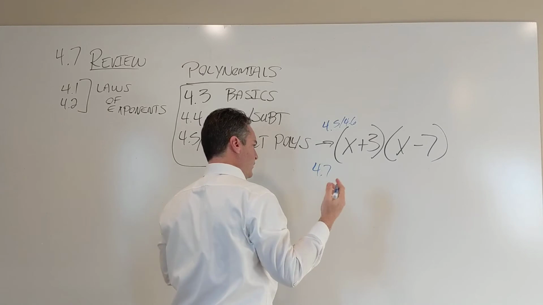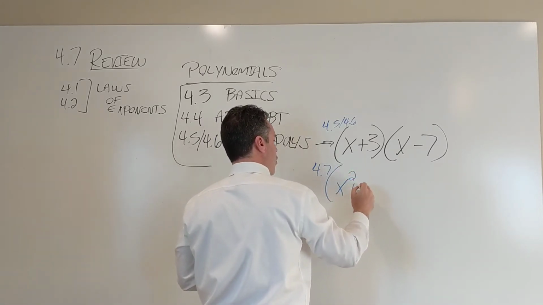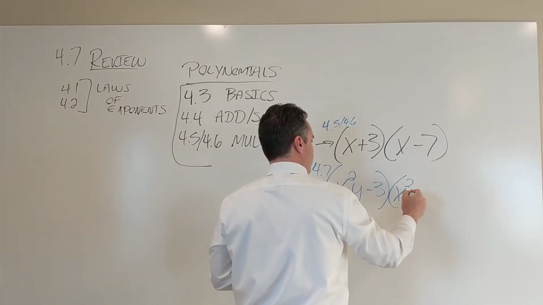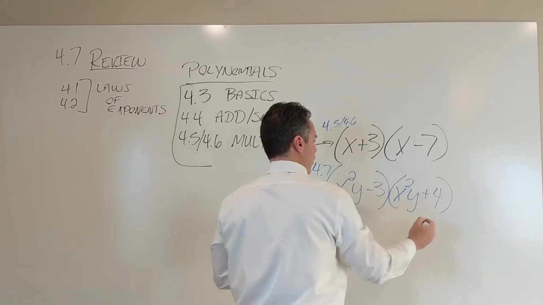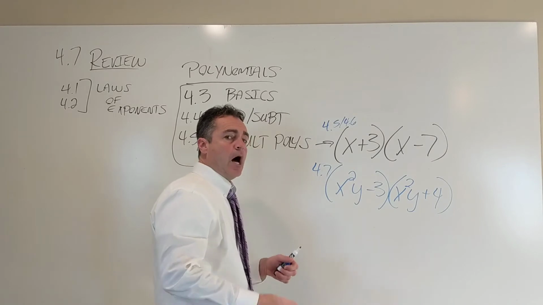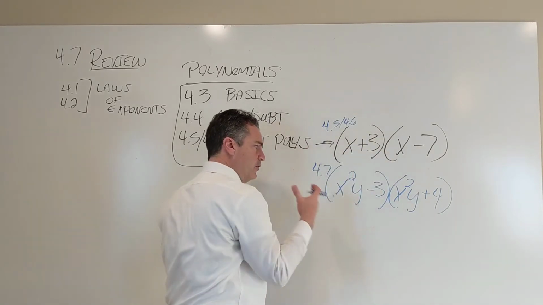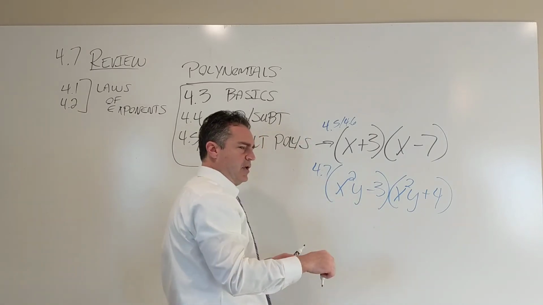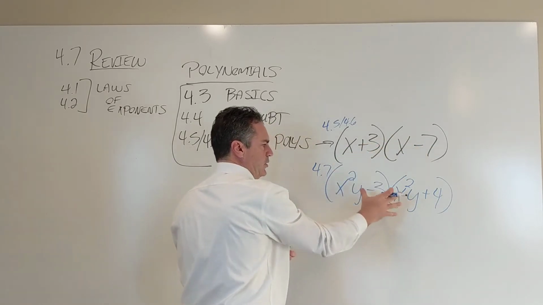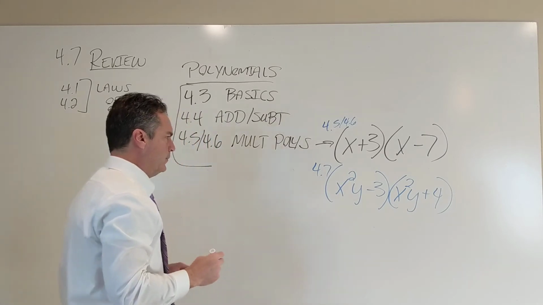In 4.7, we would have like x squared y minus 3 times x squared y plus 4. Notice that this term right here has two variables in it. So operations, add, subtract, multiply, divide, with polynomials in several variables means that what we were doing with one variable, here we do it too. Nothing changes. We're going to learn how to do this particular problem right here.